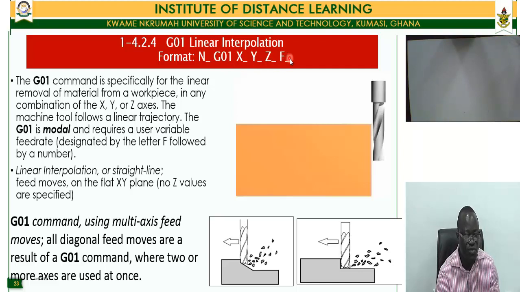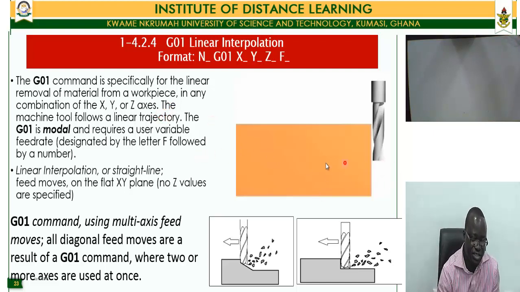So the G01 is specifically a linear removal of material from a workpiece, in any combination of X, Y, Z. It does not mean just a straight line move, but it can go in any linear fashion. So let's watch this video to see how a G01 command works. The G01 command is not limited to one plane. 3-axis simultaneous feed moves, where all 3 axes are used at the same time to cut different angles, are possible.